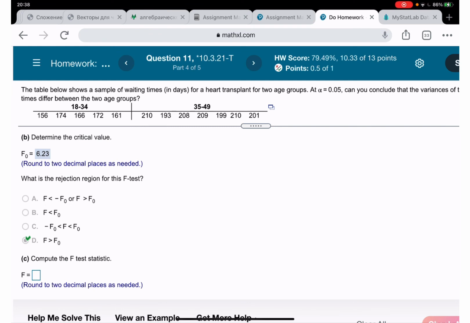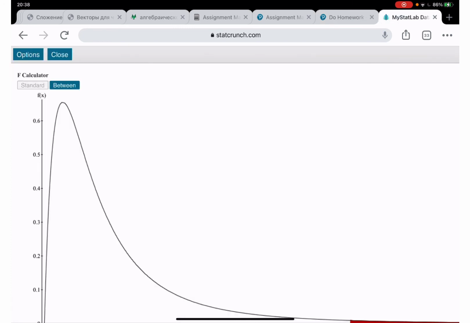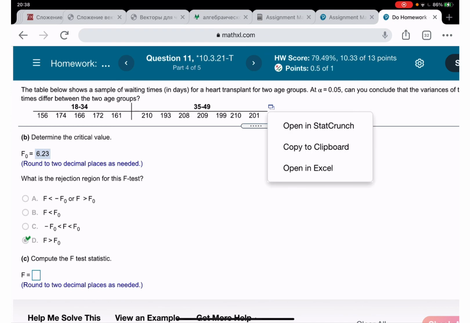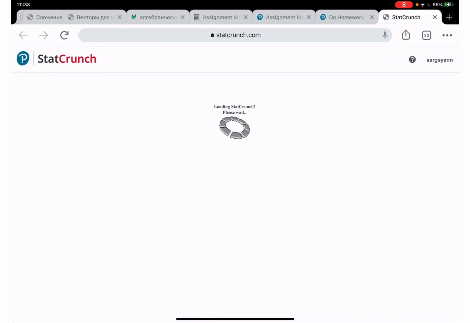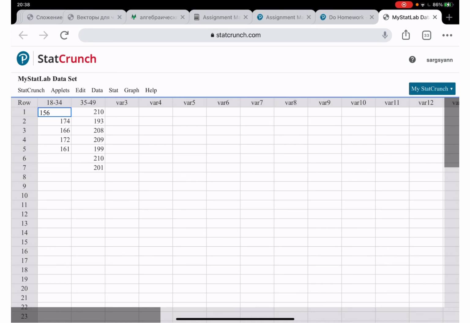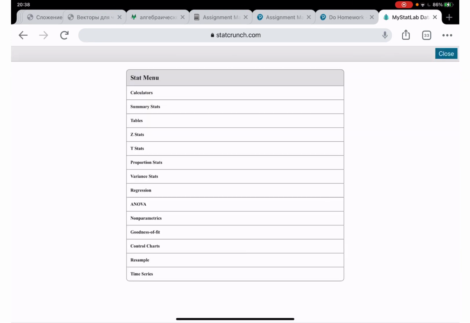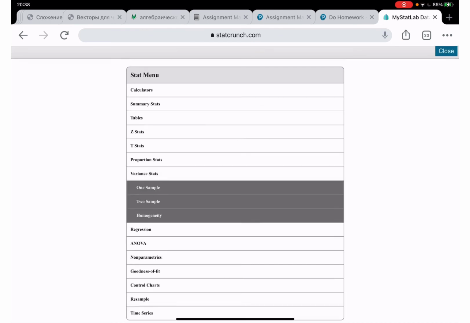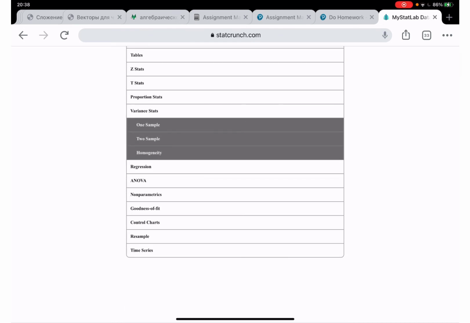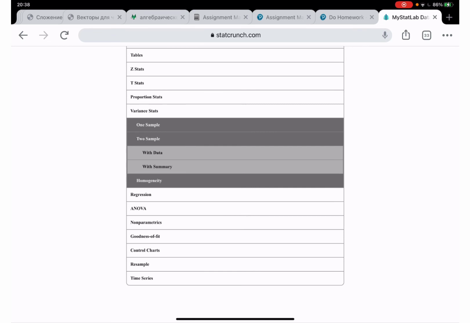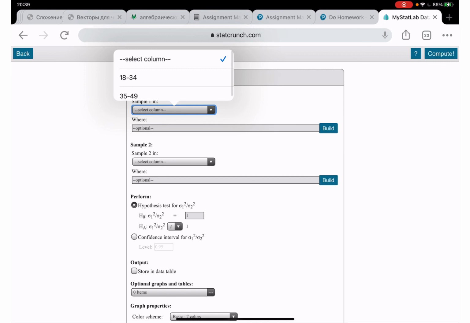Now let's go for the F test statistic. Getting in there, Stat, we are taking Variance. We have 2 samples. Did I choose variance? Yes. Choose 2 samples, and we have raw data, right? Not summary, raw data. First one is going to be 1834.